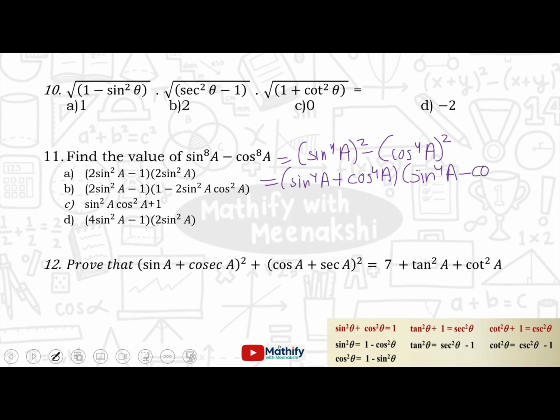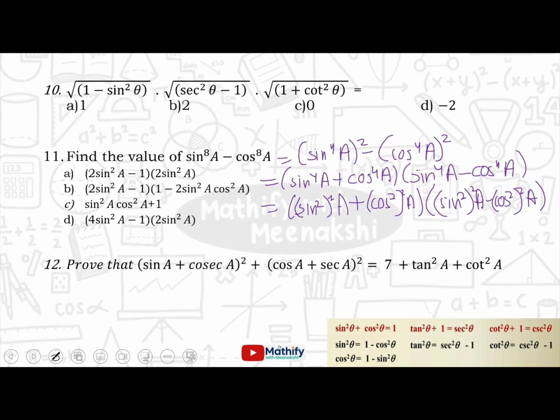Okay, till here it's clear. Now, again, if you realize that it is sine square square a, yes, we can further break it: this plus cos square square a. Similarly here, sine square square a minus cos square square a.